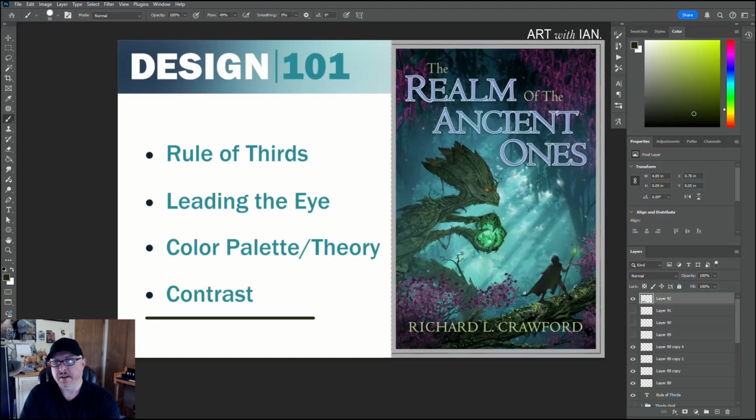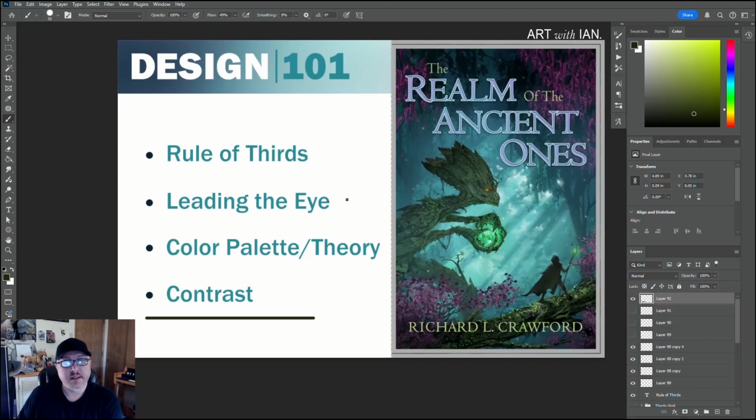You've got the pointiness of the cloak flowing here against the roundness of this and the roundness of all the blossoms around. So there's quite a bit of shape contrast happening, but it's definitely more of a value and a color contrast, and specifically value contrast is the biggest, most important thing going on here.